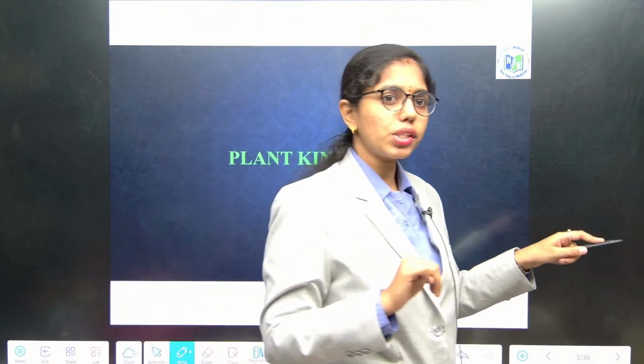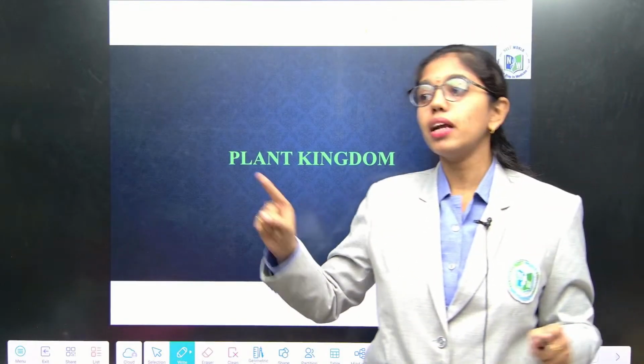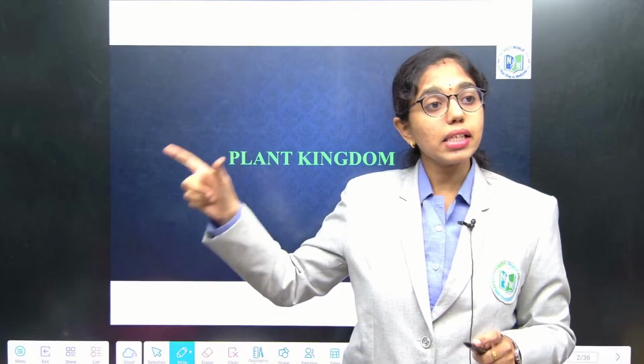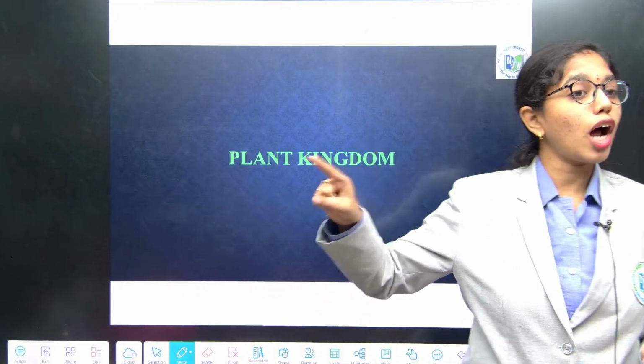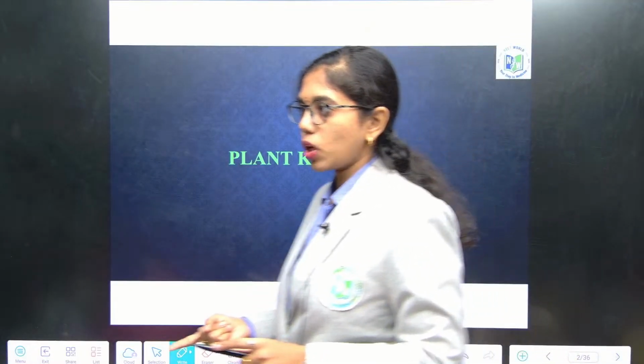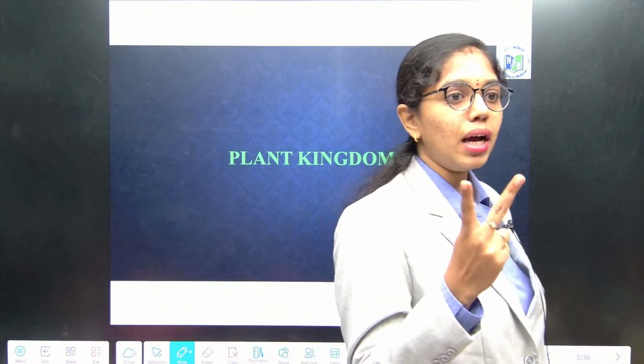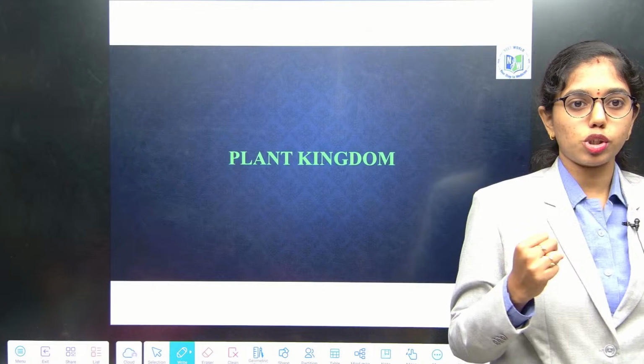Primitive plant species are algae. First vascular terrestrial cryptogams are Pteridophytes. These 3 groups are also addressed as non-spermatophytes because they are not seed producing. Then spermatophytes, phanerogams, flowering plants are 2 divisions. What are they? Gymnosperms and Angiosperms.